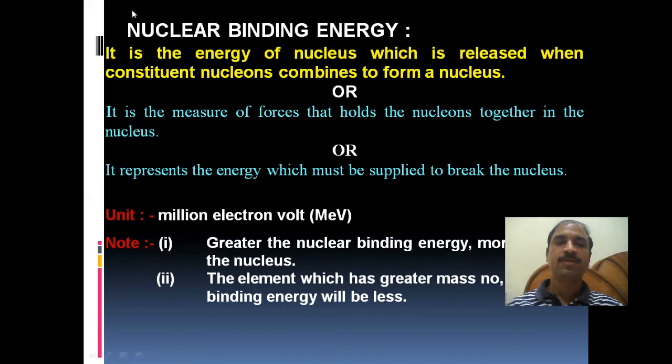This is about nuclear binding energy. What is this nuclear binding energy? It is the energy of a nucleus which is released when constituent nucleons combine to form a nucleus.